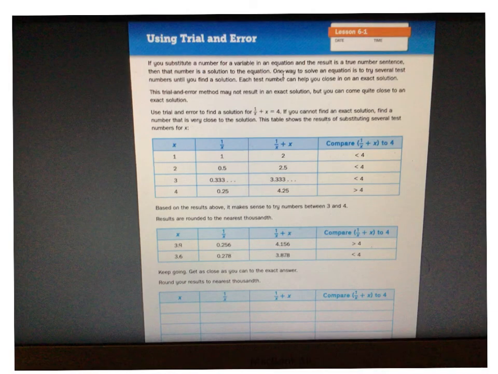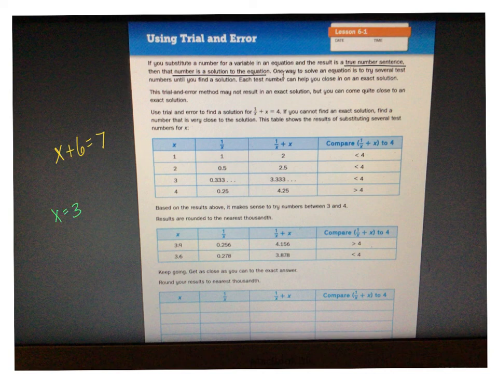Let's move on to journal page 266. If you substitute a number for a variable in an equation and the result is a true number sentence, then that number is a solution to the equation. So for example, if I have the equation x plus 6 equals 7, and I try putting numbers in, maybe I first choose x equals 3.